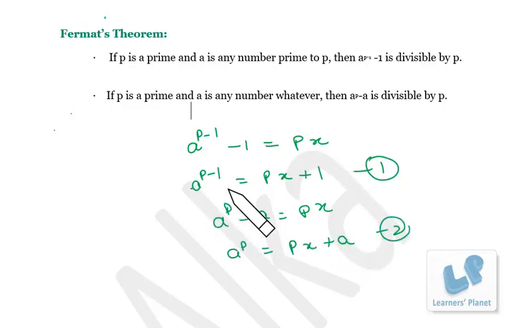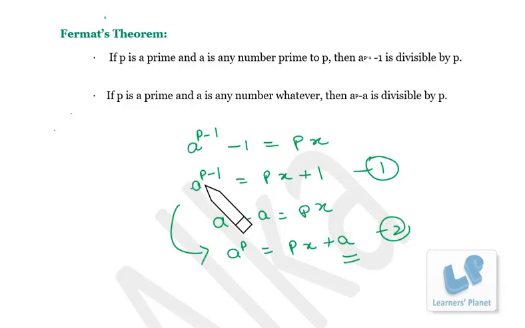In this case, if you divide A raised to P minus 1 by P, the remainder is 1. Over here it is A raised to P, so if A raised to P is divided by P, the remainder will be A, not 1 but A. This is nothing but you multiply this expression by A, so you get this.